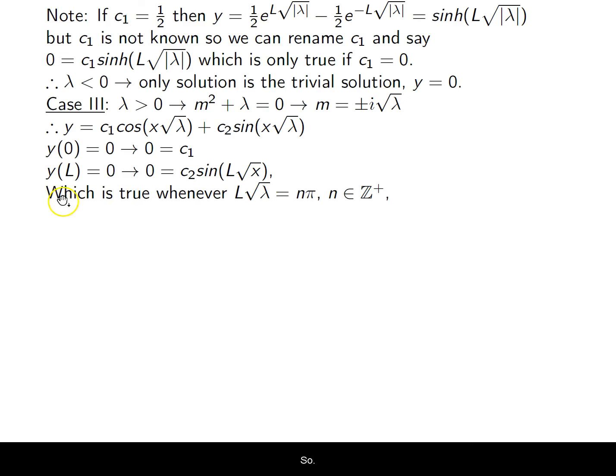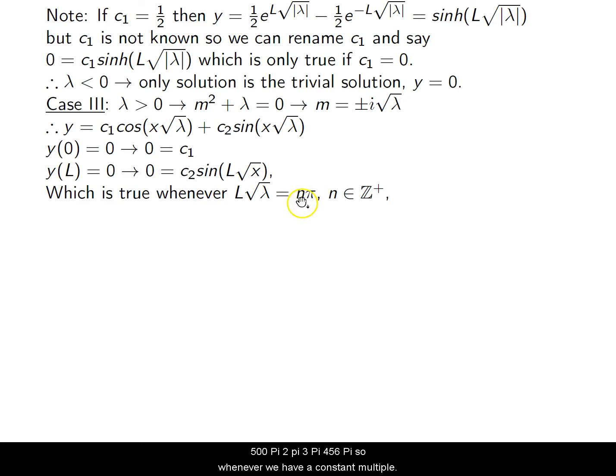So this is going to be true whenever L times lambda is equal to a multiple of pi. Remember, sine is 0 not just at 0 but at pi, 2 pi, 3 pi, 4 pi, 6 pi.